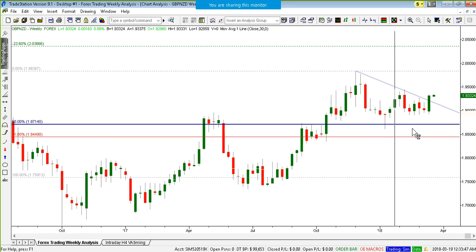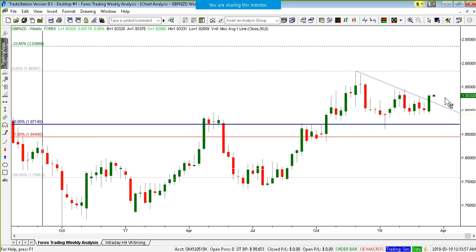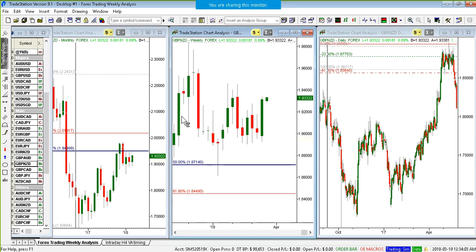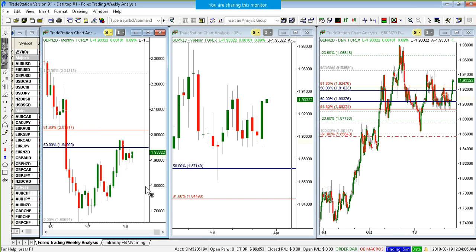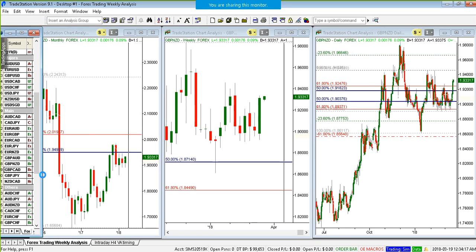Because that's still intact and it has found participation, for now there's no reason to believe that this market cannot get into the closest target. Again, that would mean relative weakness of the New Zealand dollar versus the euro, the pound and the dollar index as well, and that's the reason why we're seeing this move higher.